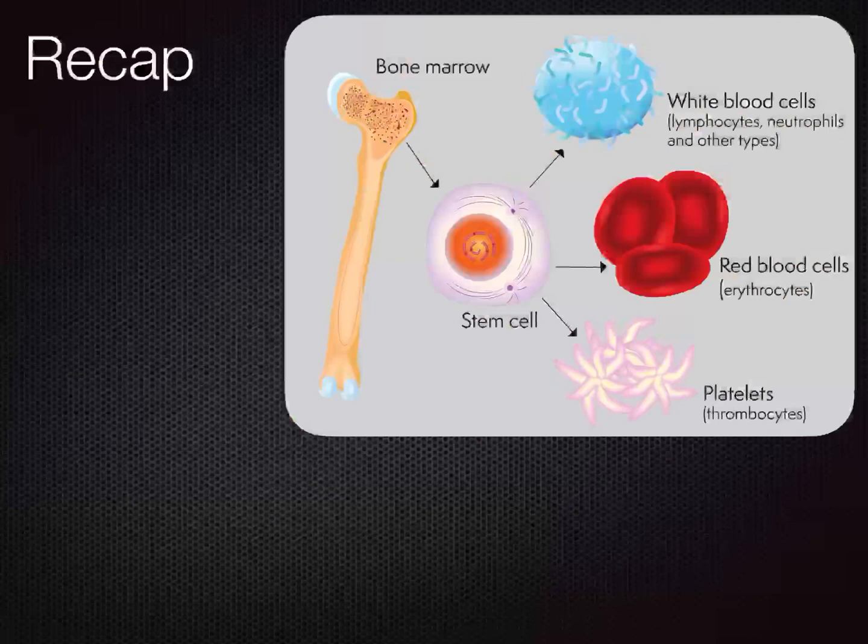So as a quick recap, we've already talked about stem cells. Stem cells are unspecialised cells which can become specialised. So in your bone marrow, which is the inner part of your bones, you have tissue stem cells. And now these stem cells can turn into the different types of cell found in the blood. So the stem cells in your bones can turn into specialised white blood cells, such as phagocytes or lymphocytes.